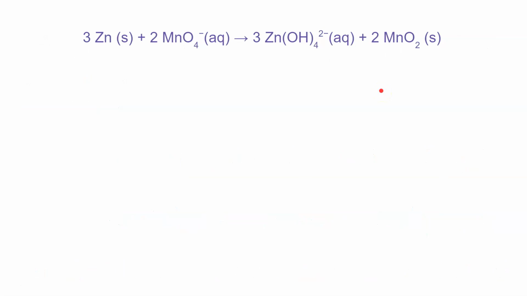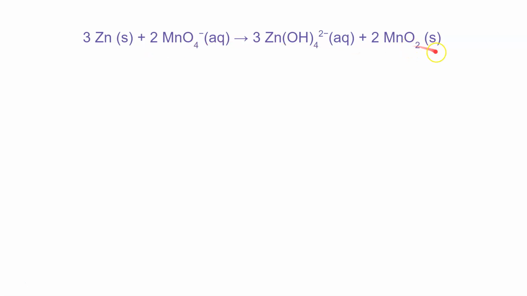Okay, so now we have to balance out those oxygens and hydrogens. And I find it the easiest to start with oxygen and then hydrogen. And that's because when we're balancing out oxygen, in order to add oxygen in, we are going to use H2O, or water, to do so.